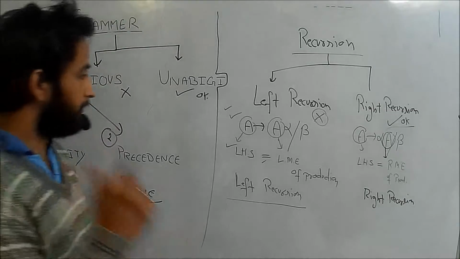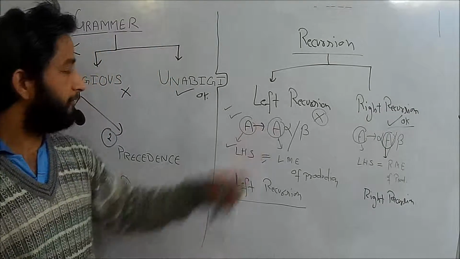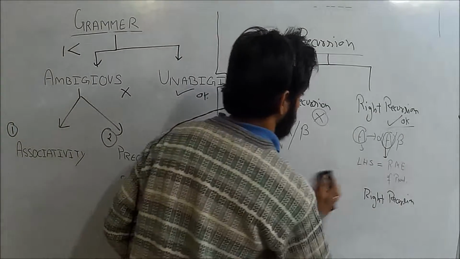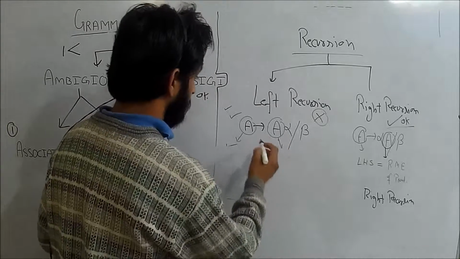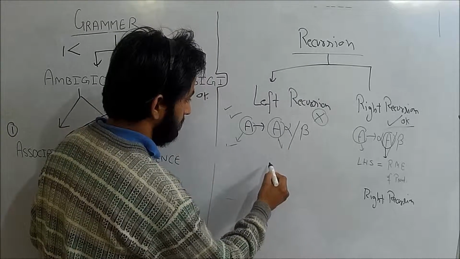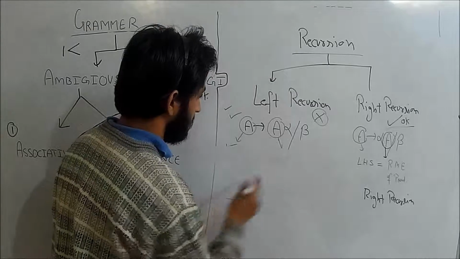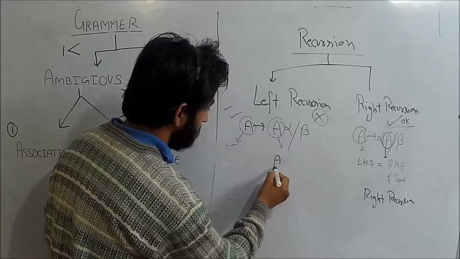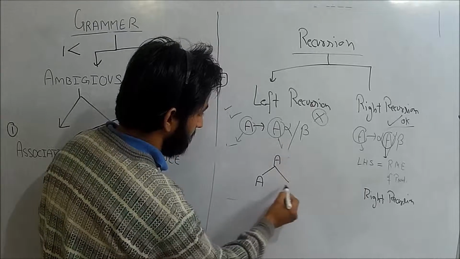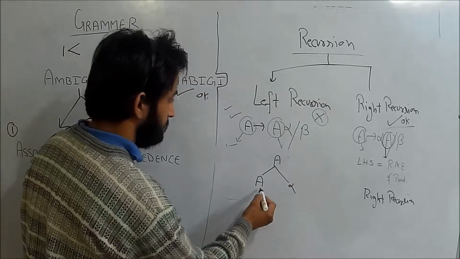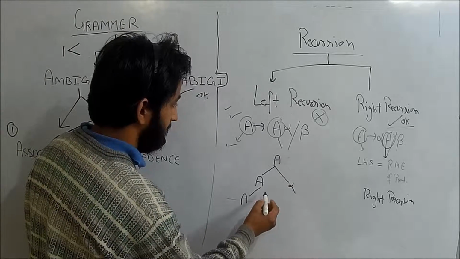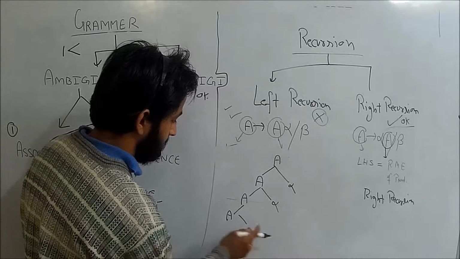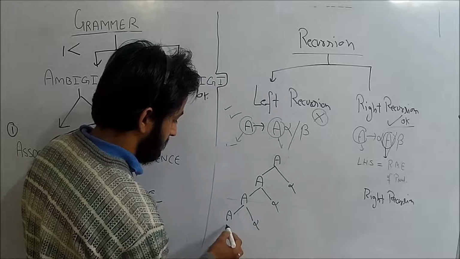One thing is that you can also identify left recursion with the help of a parse tree. Let us see that parse tree. For the given grammar, A is the start symbol. So A derives A alpha, further A derives A alpha, and again A derives A alpha.